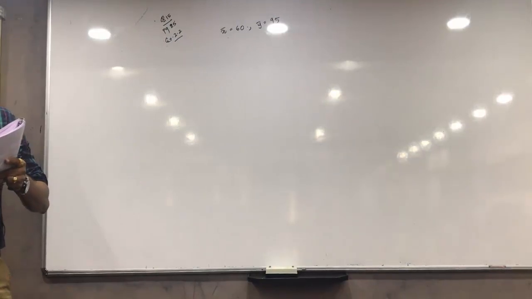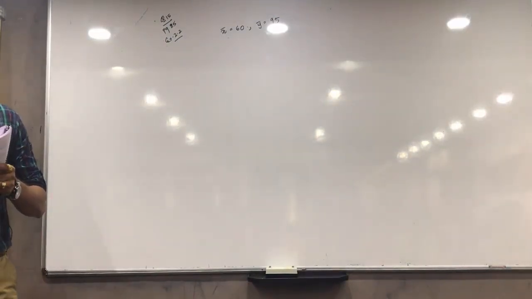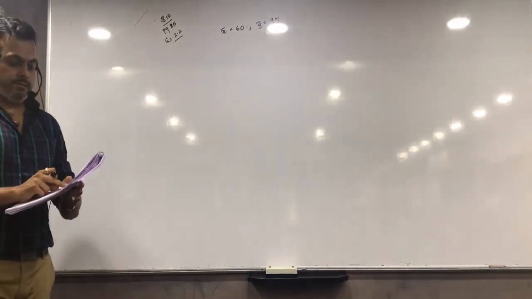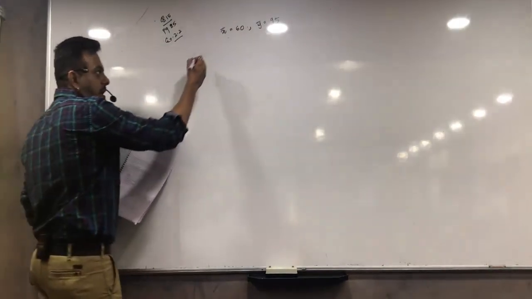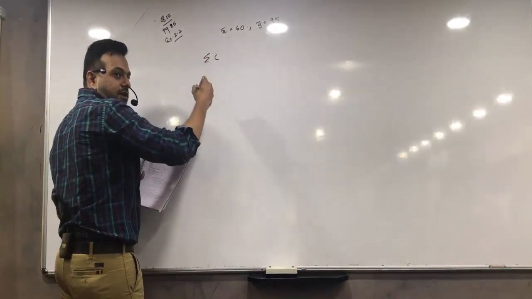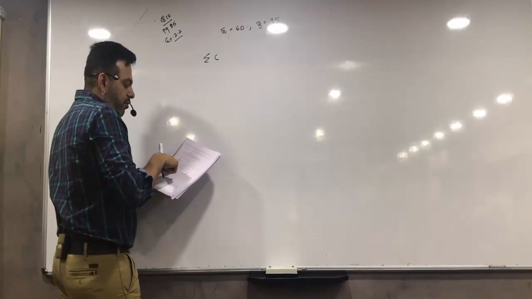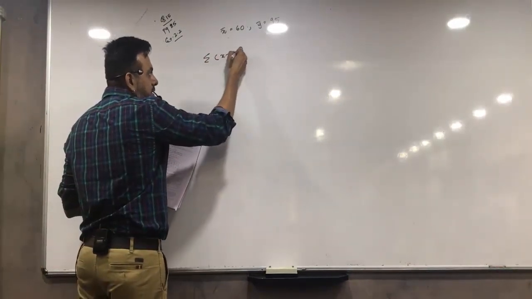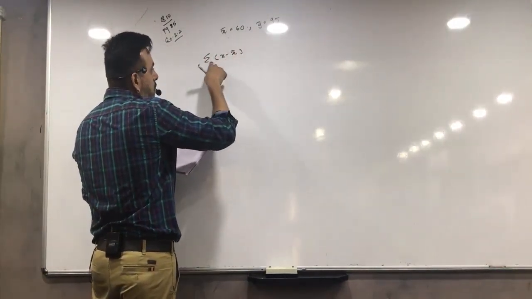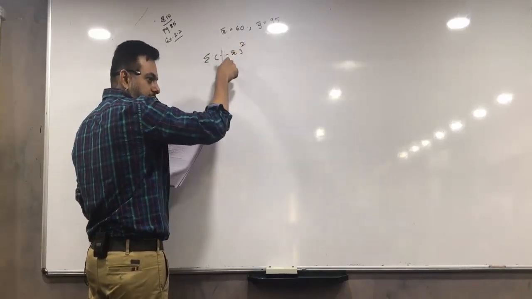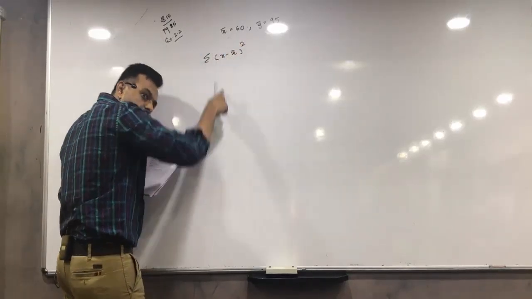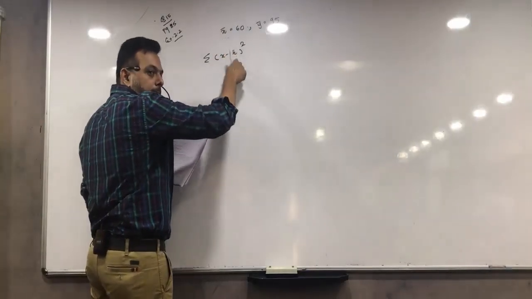Now, pay attention please. The sum of square of deviation from their respective mean. So what is this? Sum total, that is sigma, of deviation. Deviation of all the observations from their mean, and sum of square of deviation of all the observations from the mean.